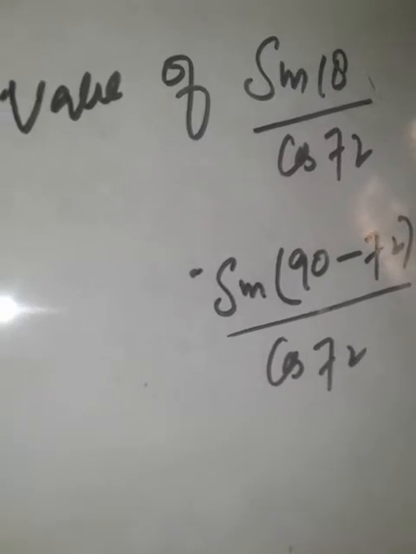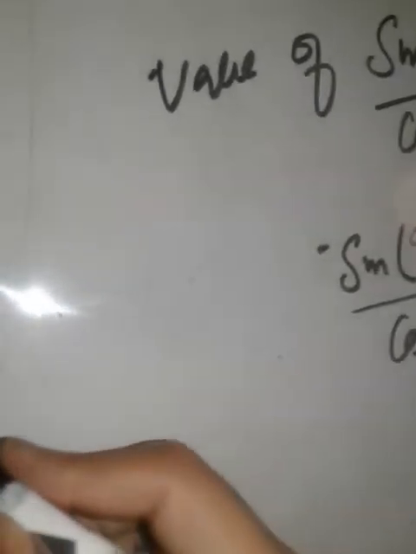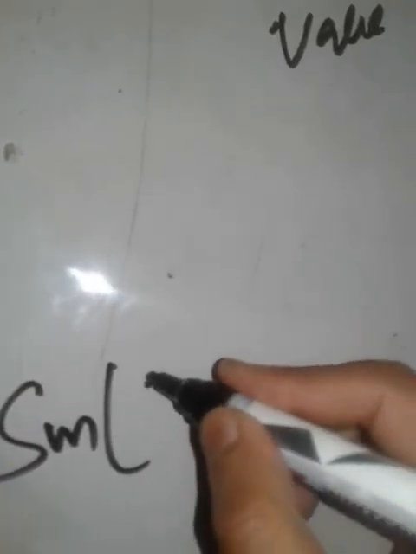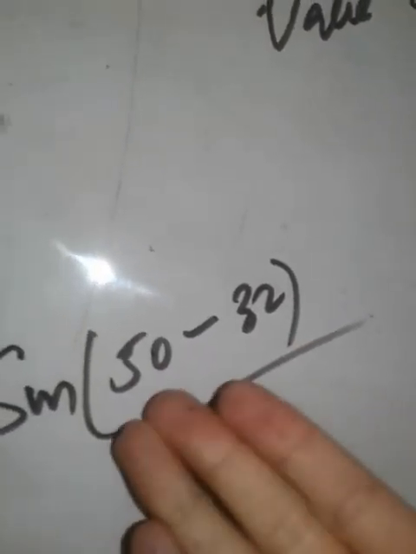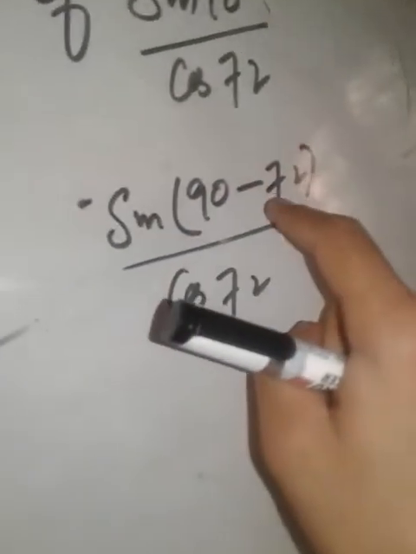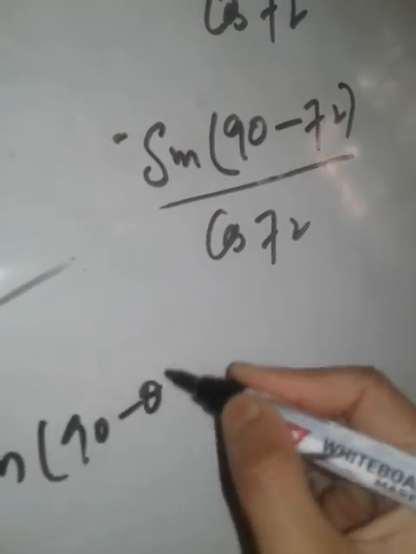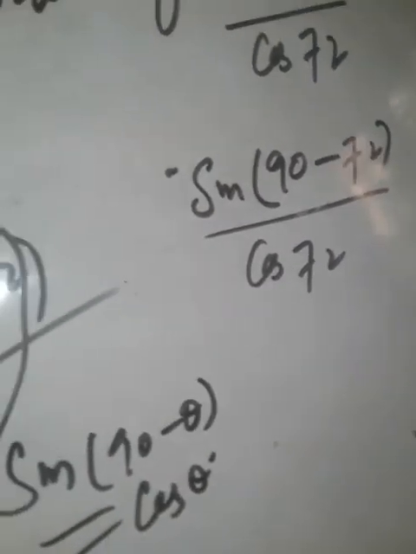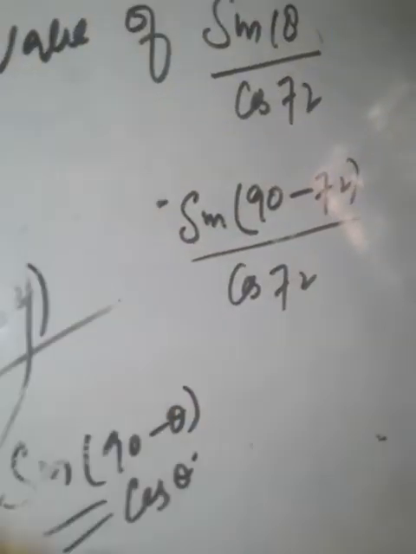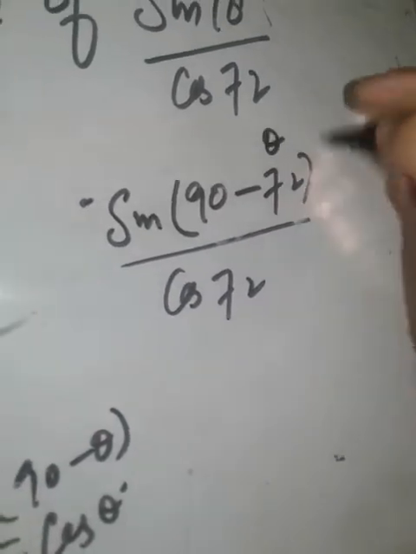Only it is true for sine 90 minus theta. We could write sine 50 minus 32, which is also true, but there is no formula or value for this that we can find. But for this there is a value, because we know sine 90 minus theta equals cos theta. This is 90, this is your theta.